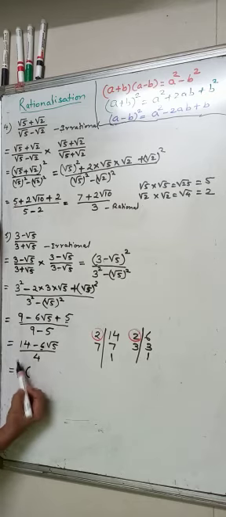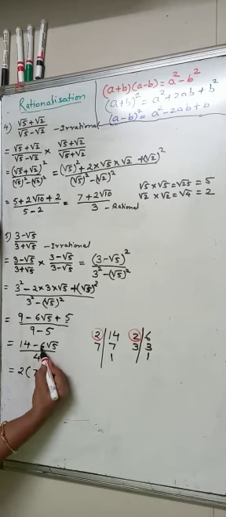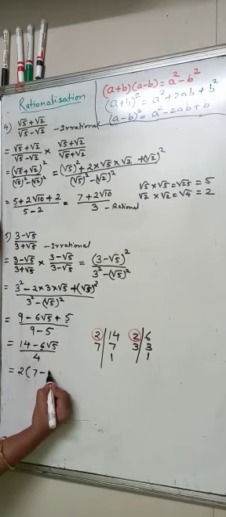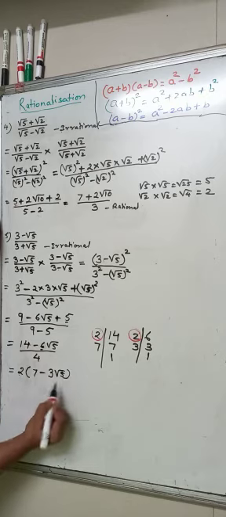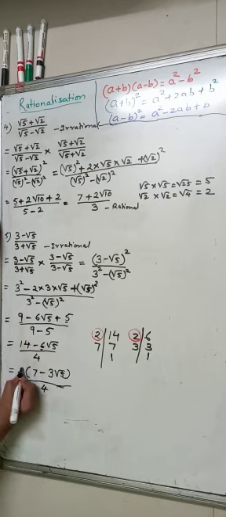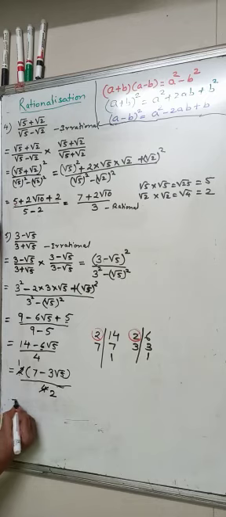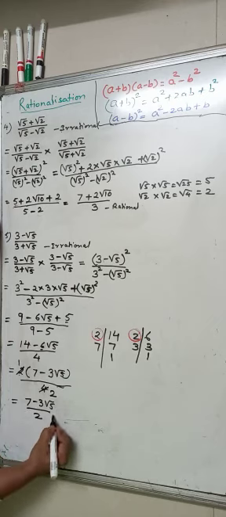If I divide 14 by 2, I get 7, minus 6 divided by 2, I get 3, and that is √5. 6√5 divided by 2 is 3√5, upon 4. Now we can reduce this to the lowest term because 2 ones are 2, 2 twos are 4. So we can write (7 − 3√5)/2. This is our final answer.